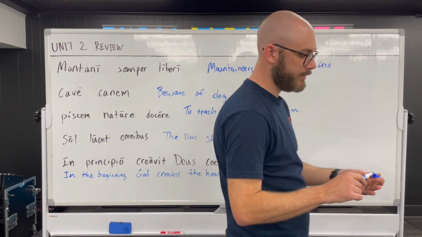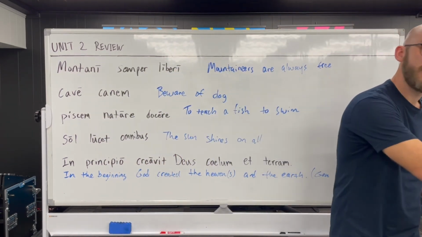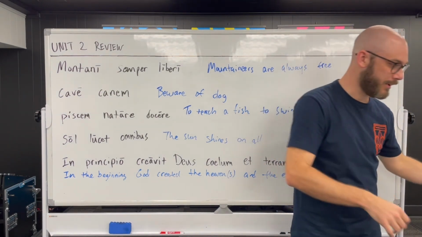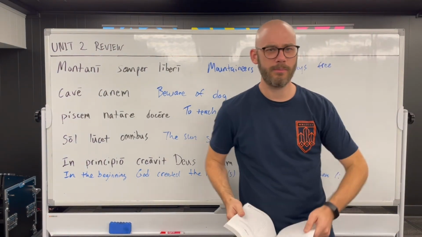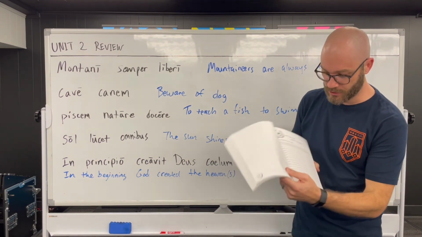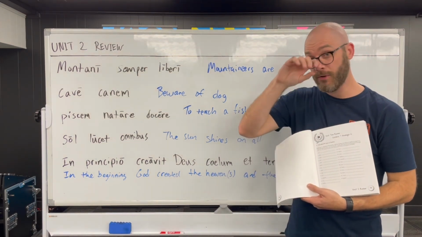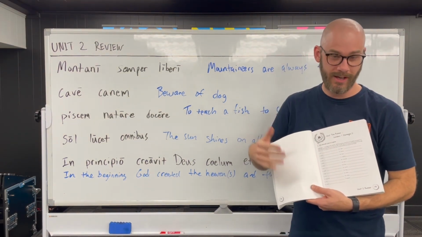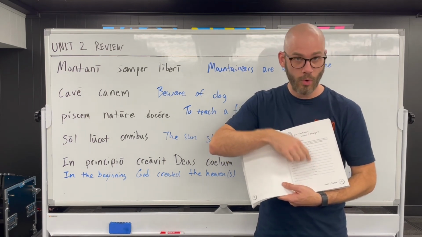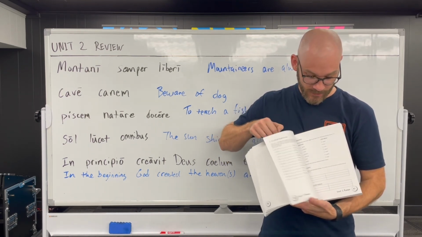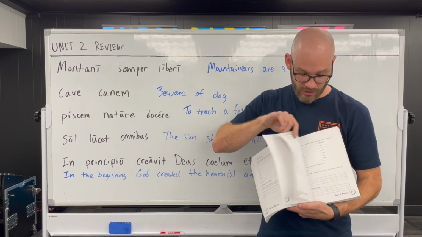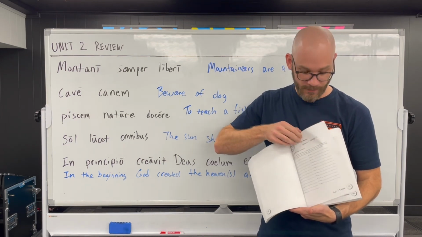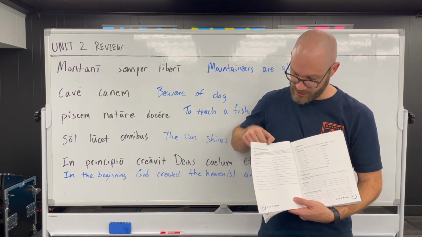Okay, great job, guys. Let me tell you what you need to do. After watching this video, you need to take a couple days off as a break. Give yourself a nice little break. And then you need to turn your book to page 79. What you need to do to help get ready for your test is to work through all the exercises that you see here. It's so long, it might take you 2 days. So spend 1 day maybe doing the vocabulary. That's on page 79 and page 80.